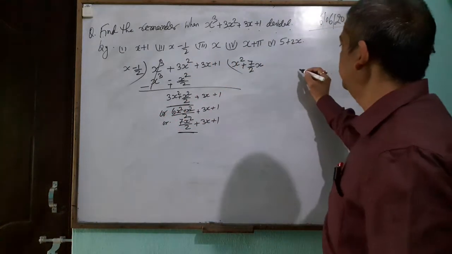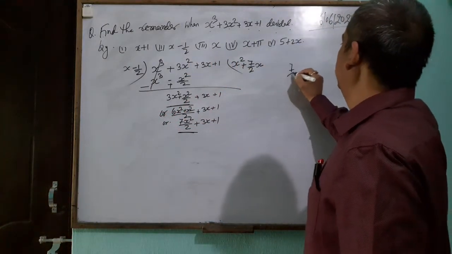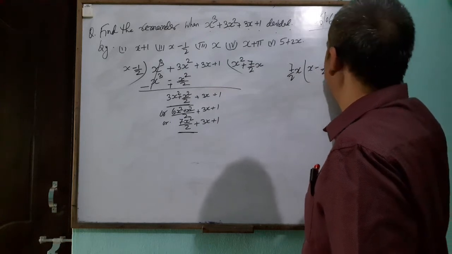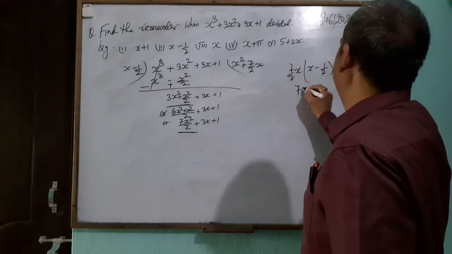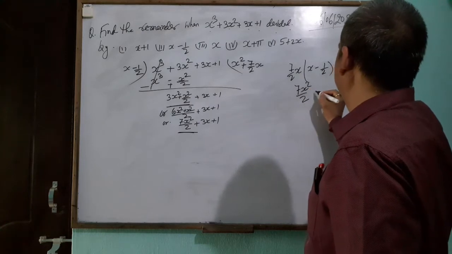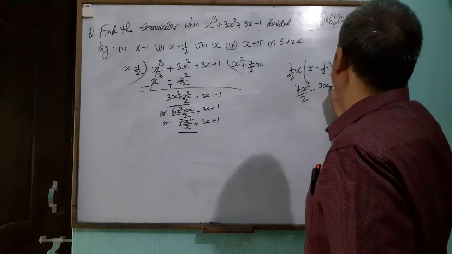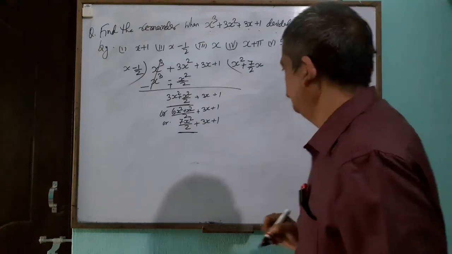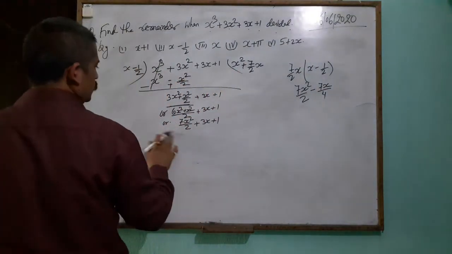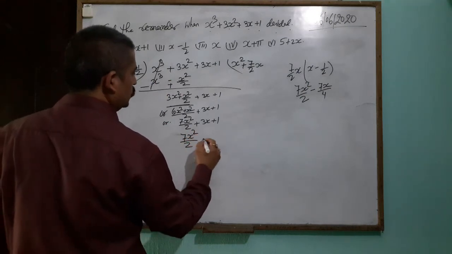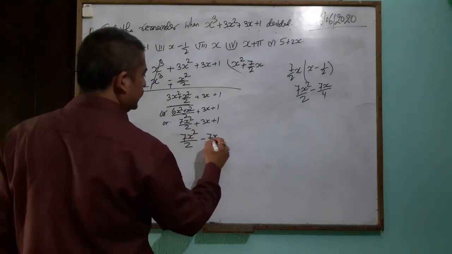So what we get? 7 by 2x, x minus 1 by 2: 7x square by 2 minus 7x by 4. So here written that 7x square by 2 minus 7x by 4.